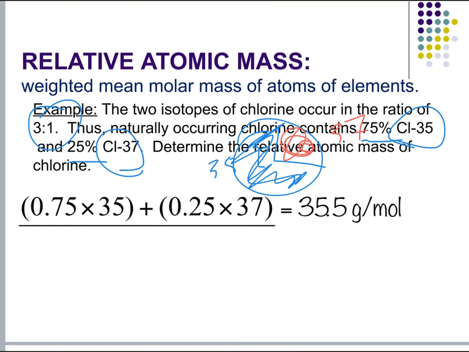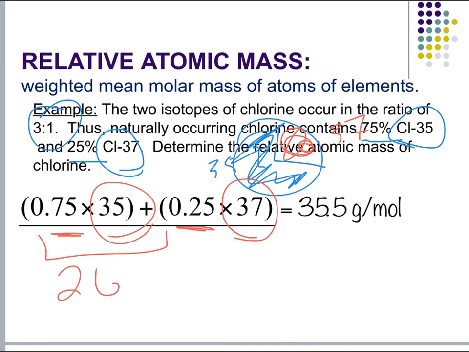So I want to find the percentages of each mass and make them part of the whole. What you're going to do is take your percentage, 75%, and multiply that by the 35 molar mass. You're going to take your percentage, 25, and multiply that by the 37 molar mass. So for this first part, you get 26.25.